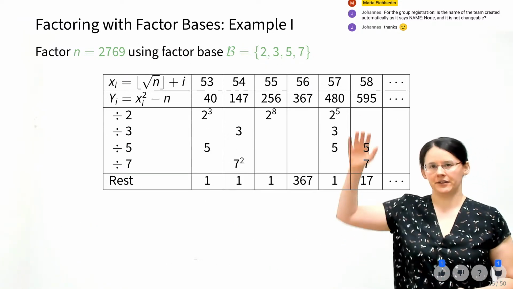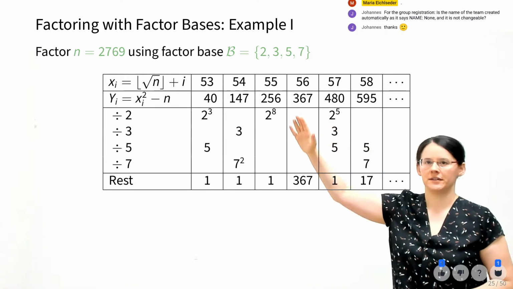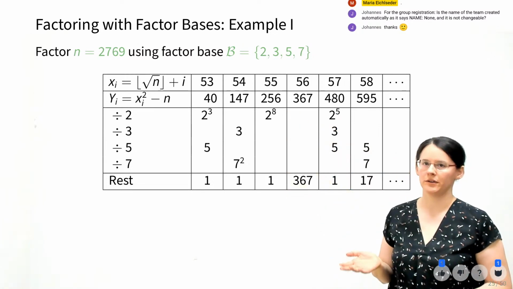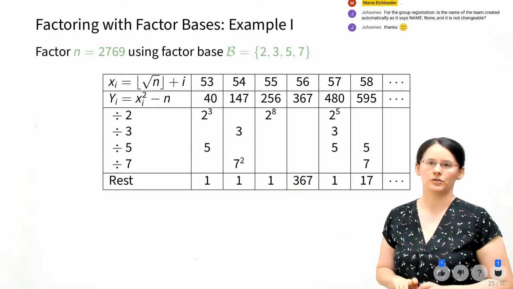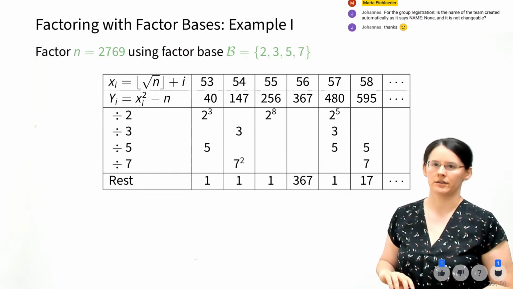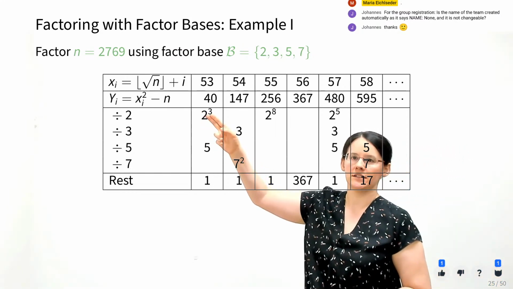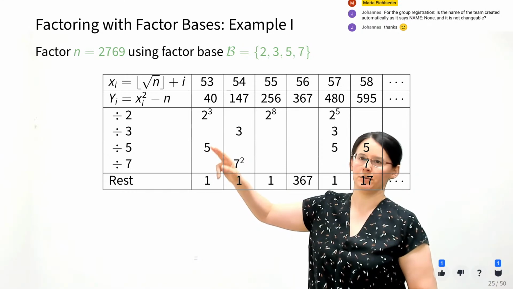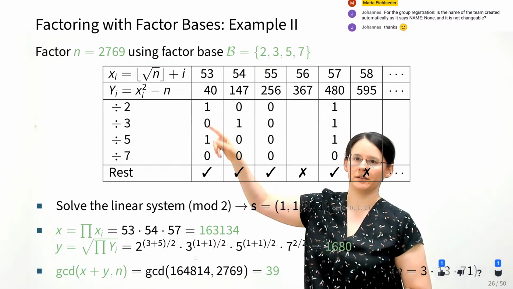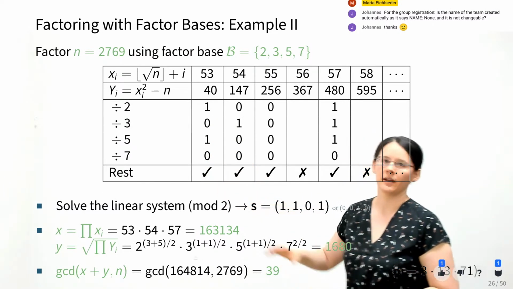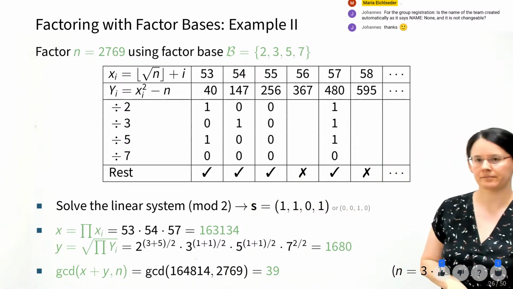I can now replace here each exponent by the exponent modulo 2 to just denote whether it's even or odd. So for example here, this is an odd exponent and this is an odd exponent, the others are even. So I have 1, 0, 1, 0, and for the rest as well.